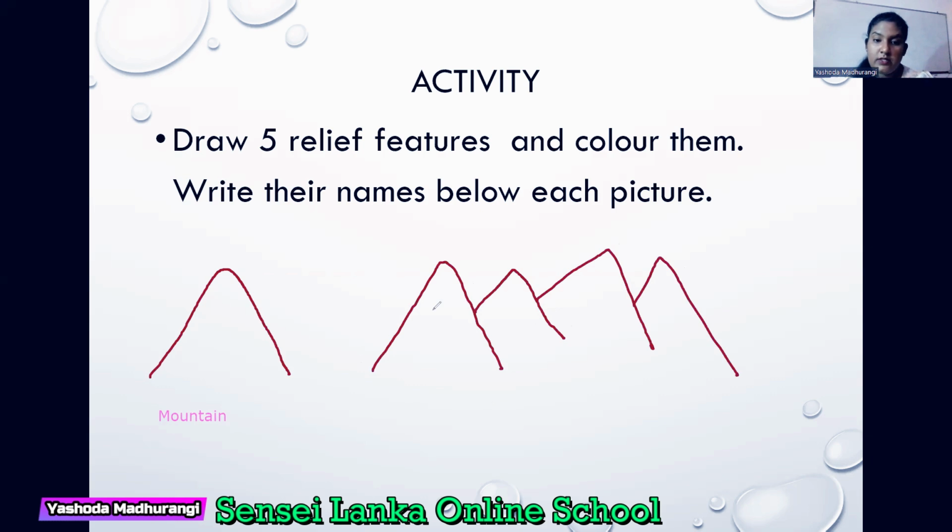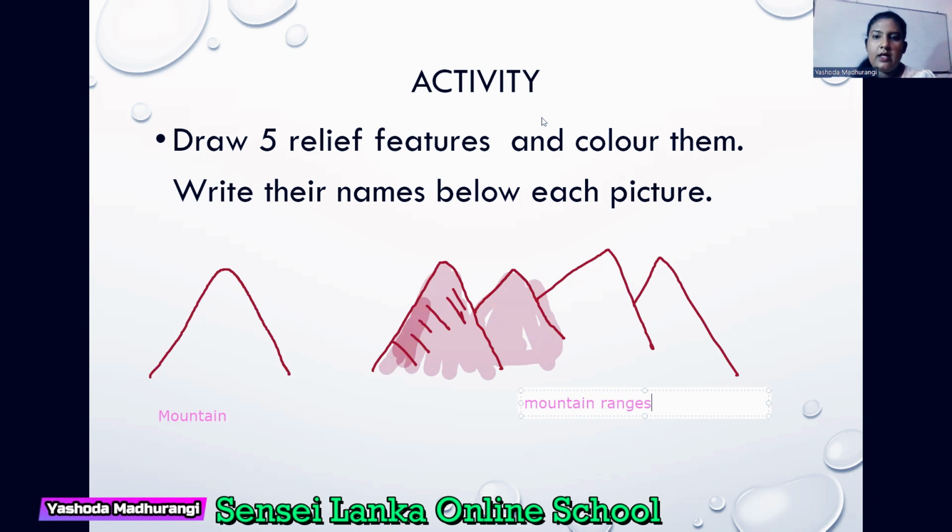A mountain range. If you have color pencils, you can color the area like this. If you have color pencils, you can do it nicely. You have to color. And on the top or the bottom, you can write mountain ranges. This is the activity.